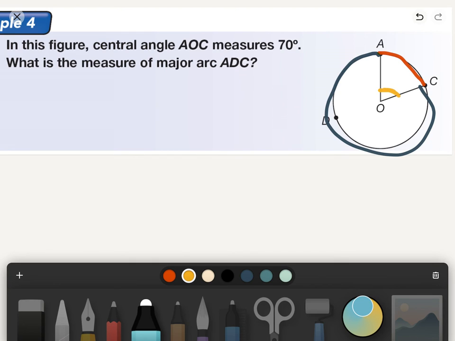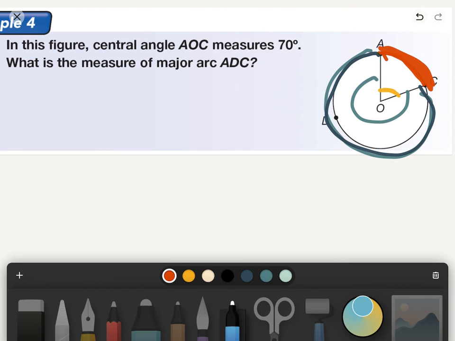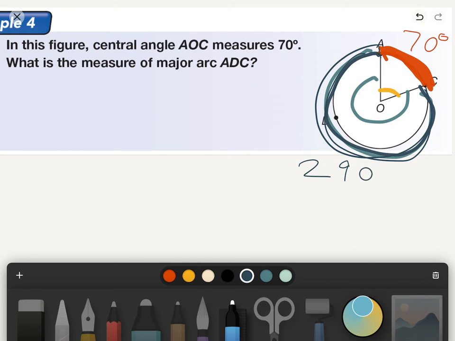But when we talk about the angle of the arcs, we are talking about the outside edge. So this arc has a measure of 70 degrees, and this arc has a measure of 290 degrees.